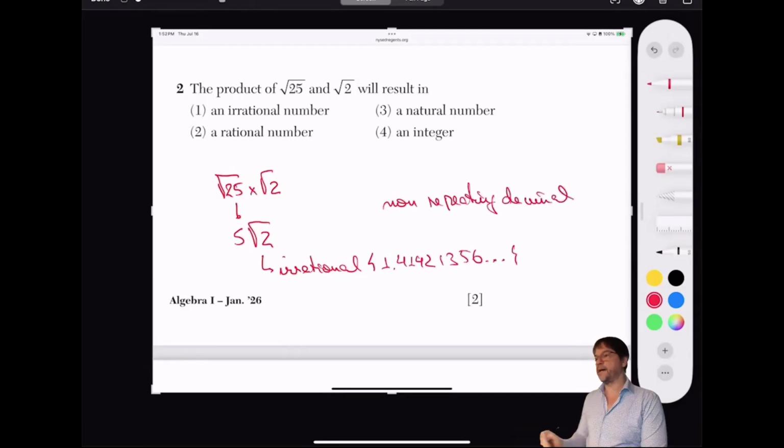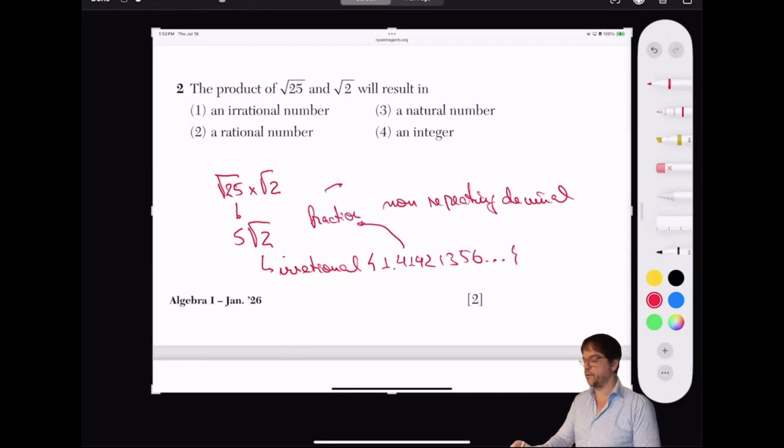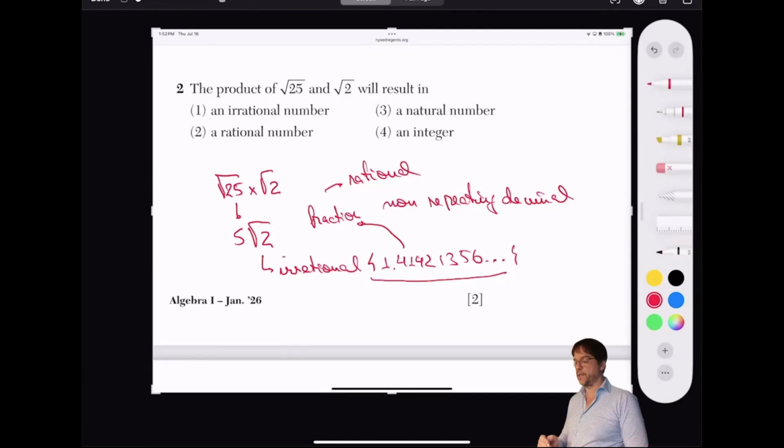Every time you have a non-repeating decimal, it is an irrational number. Is that okay? Why? Because I cannot go back to a fraction format, because fractions are rational numbers. Okay, so when they found this kind of number, they needed to create another set of numbers that is the irrational numbers. You are right. Okay.